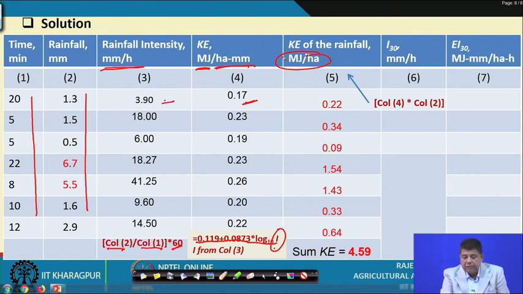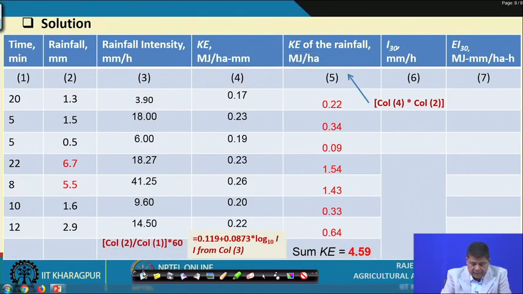For that we multiply column 4 with column 2, which is the magnitude of rainfall in different durations, in order to get the kinetic energy of rainfall in the desired unit, megajoules per hectare, for different intervals. Then the total sum is obtained by adding these values, which is 4.59 in this case, and this has to be used in this equation. So, that means we have calculated the kinetic energy.